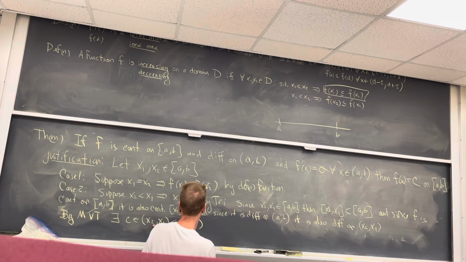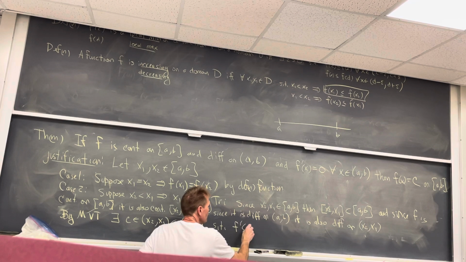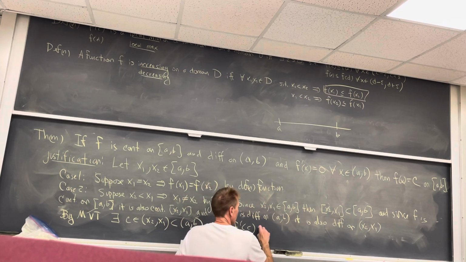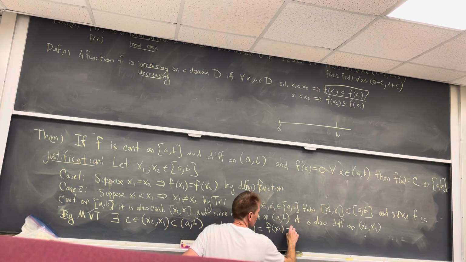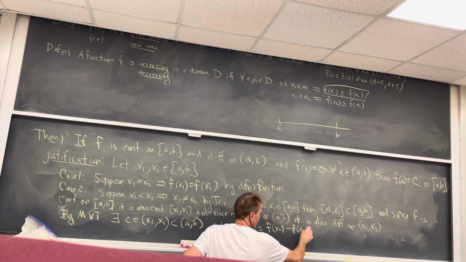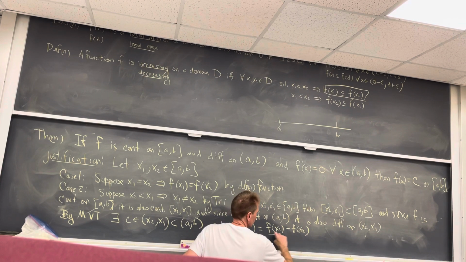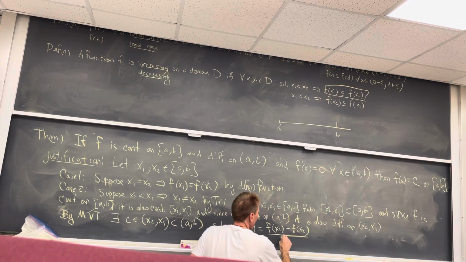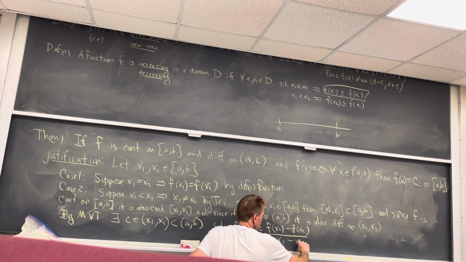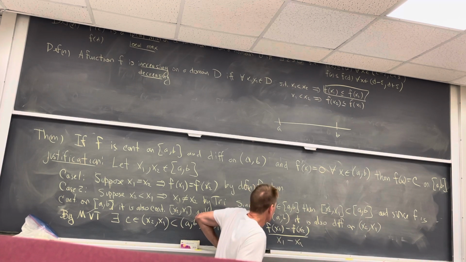There must exist a C in this open interval such that f prime of C is equal to f of x1 minus f of x2, over x1 minus x2.